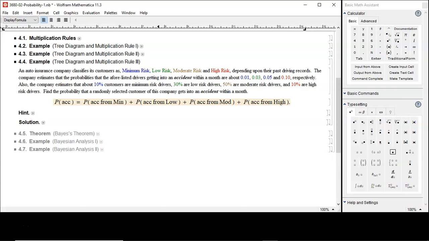And this is a key observation. Does it make sense? So accident from minimum risk driver, from low risk driver.